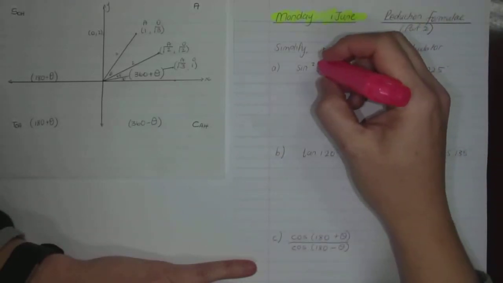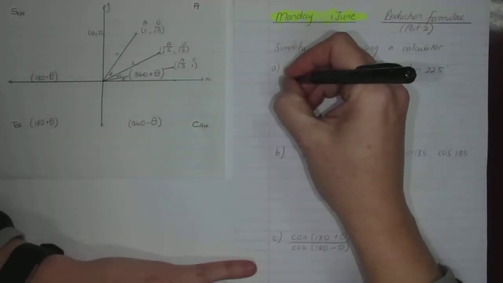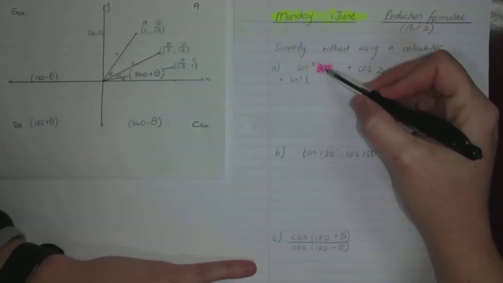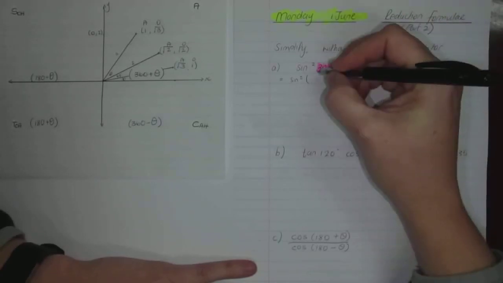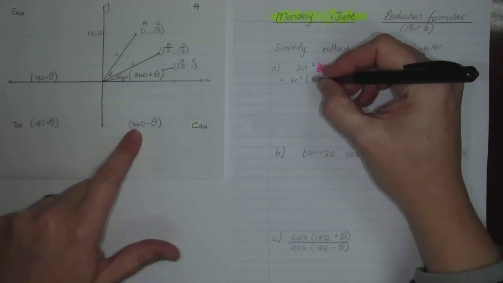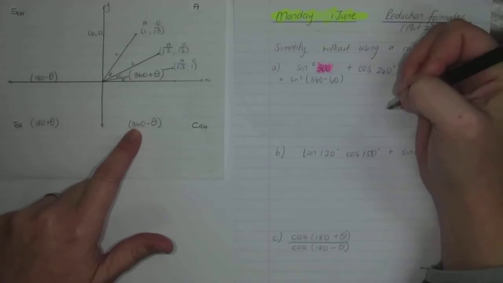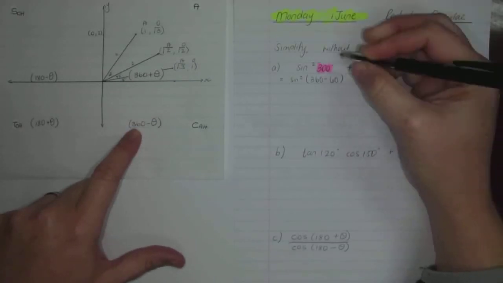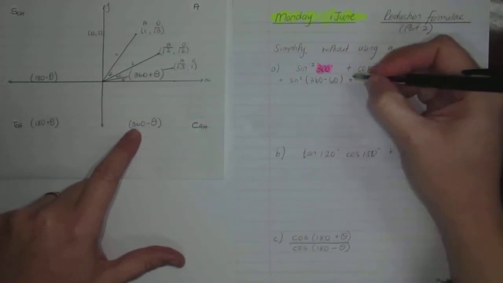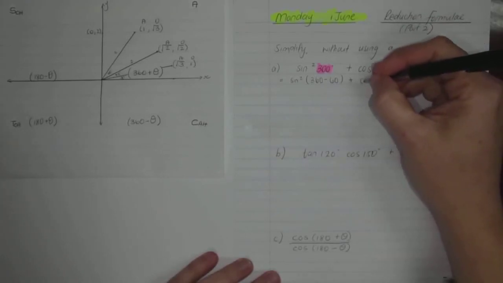The first angle I have is a 300. How can I rewrite that angle? Looking at my reduction formula, 360 minus 60 will give me 300. My next problem is 240.